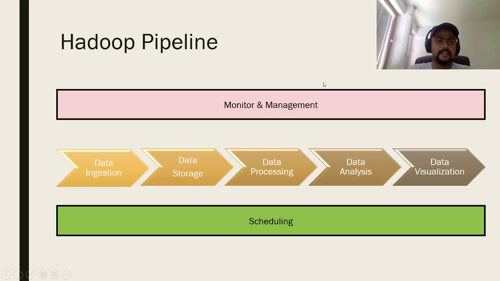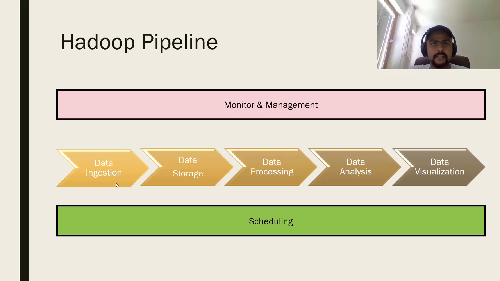First of all, let us understand what a Hadoop pipeline is. A Hadoop pipeline or a big data pipeline has certain steps. It starts from data ingestion, which is the part where the data is inserted into the system.